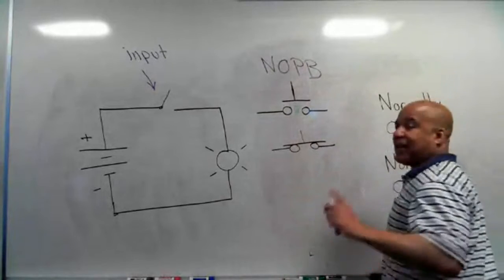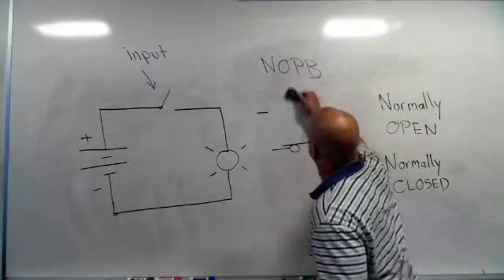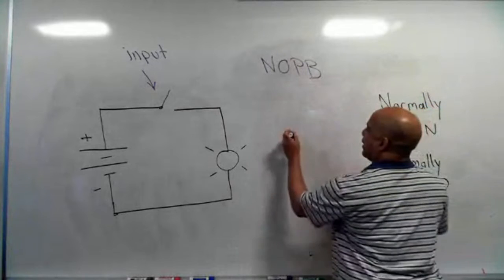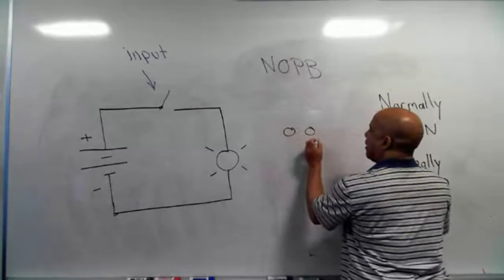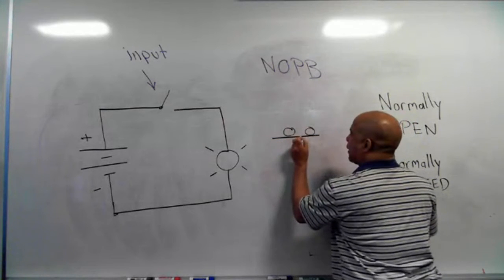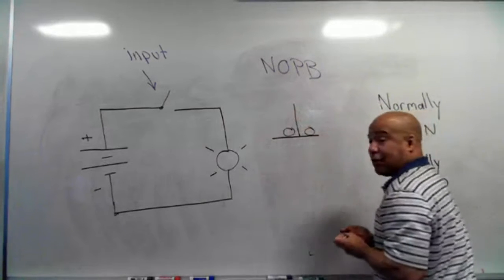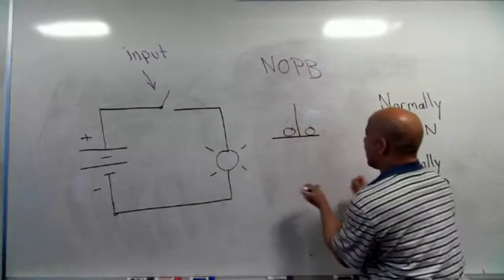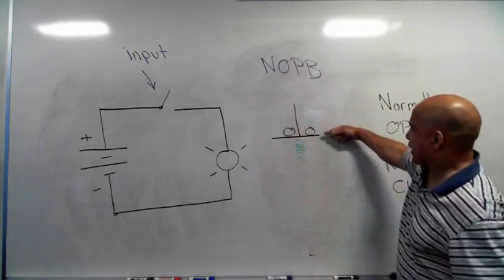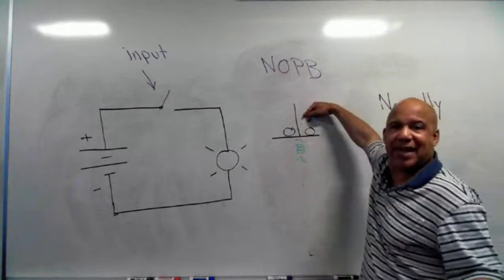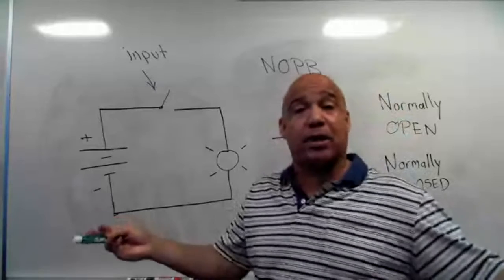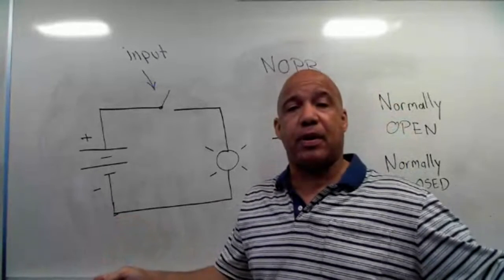Well, what if I rearranged the switch so that my contacts are here, but now my pole is right there, and then the part that I push comes up like that. I still have the spring in there, but the spring is under here, pushing up on that pole, and it's forcing it to maintain contact. So here's another type of button that's always closed, as long as you're not pressing it.